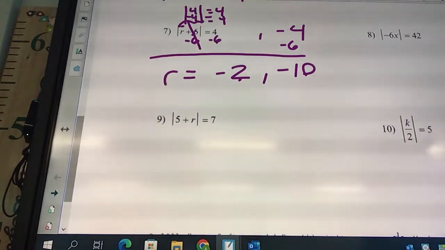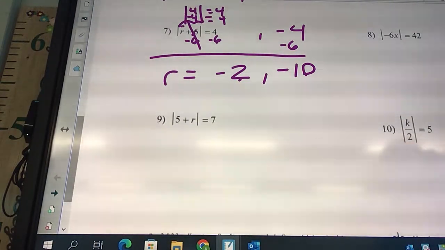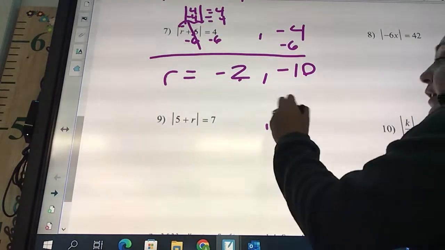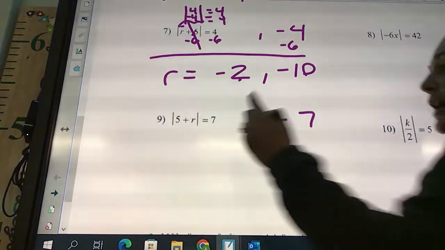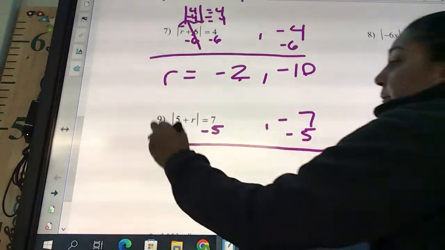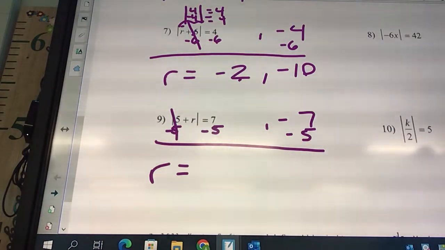Number 9, what do we do first? Minus 5. We gotta do something before that. Comma negative 7. We're gonna say comma negative 7, but yes, you're gonna say minus 5 on all these. What is 7 minus 5? 2.